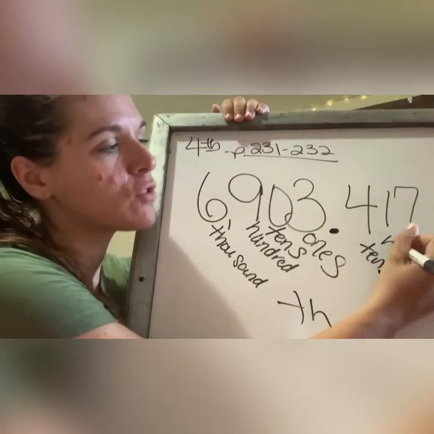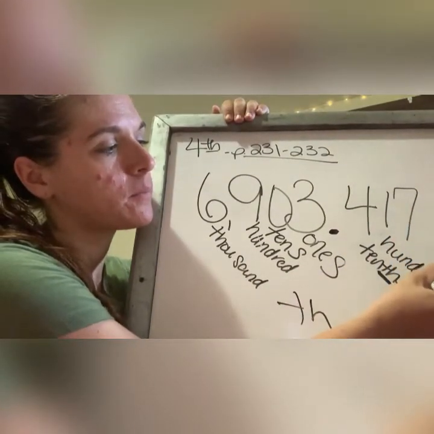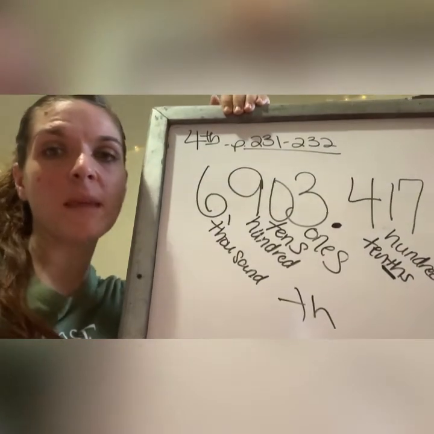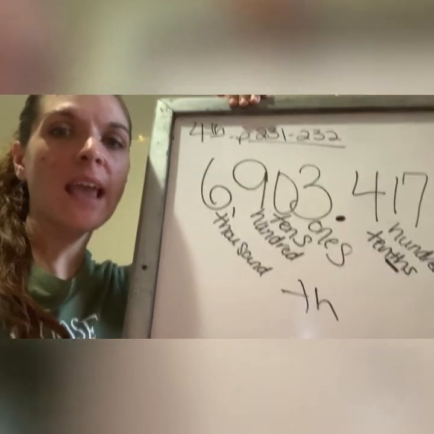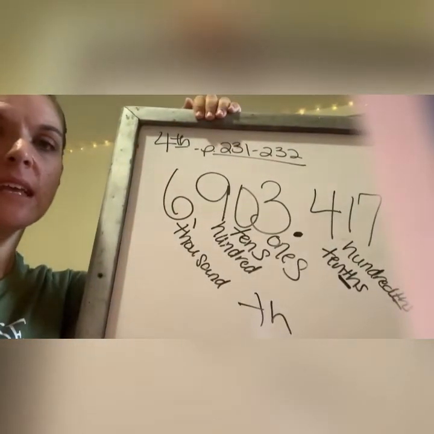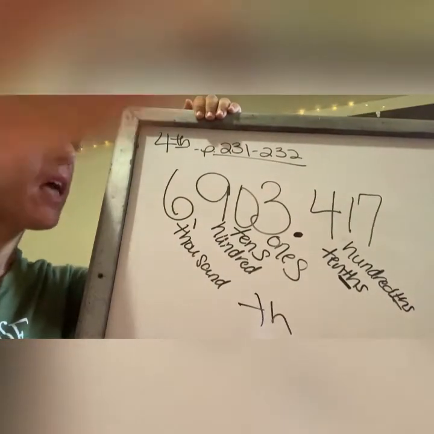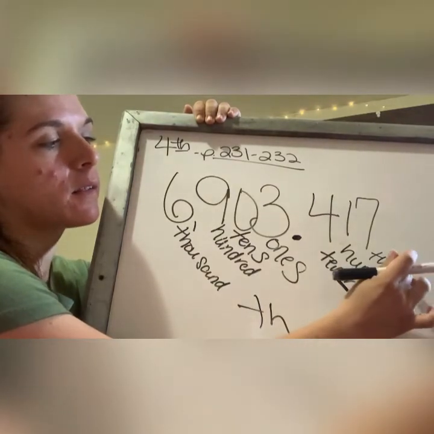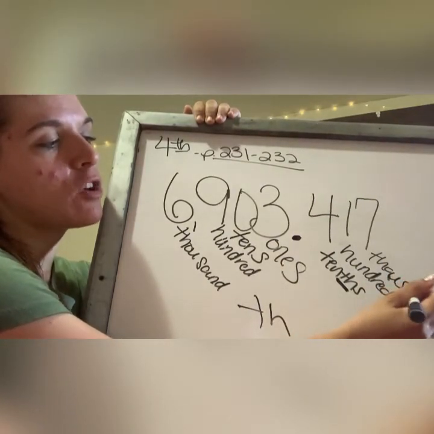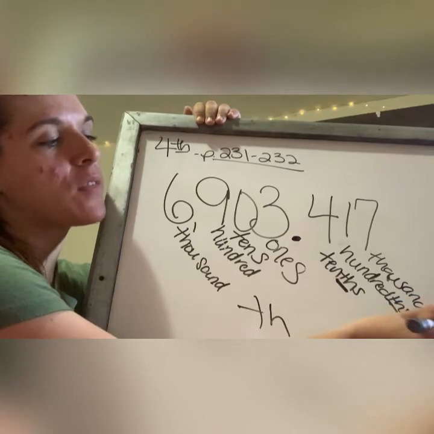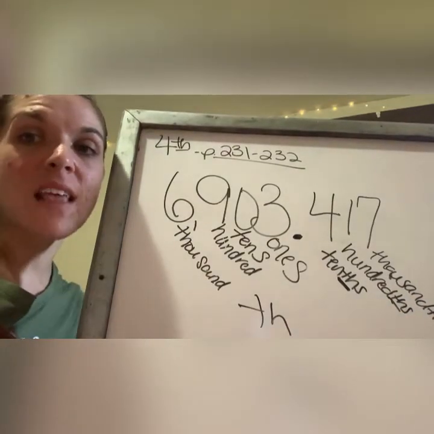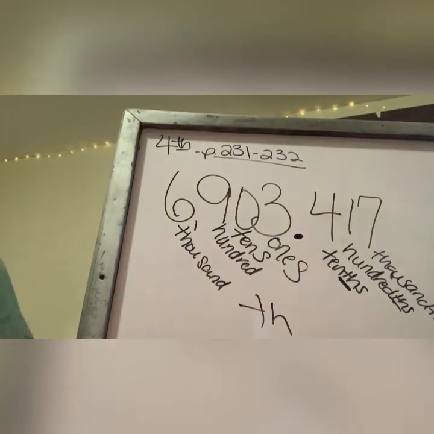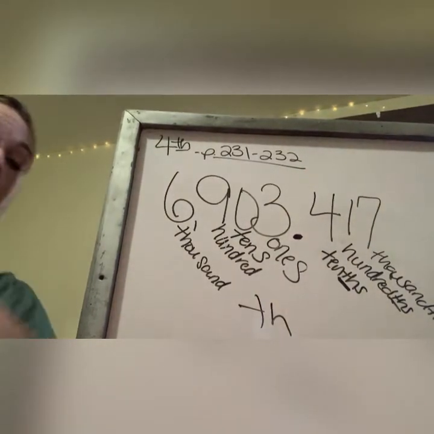The next one's hundredths. Hundredths. Say that with me. Hundredths. Okay? And then the next one is thousandths. And you can see that in your book as well. Thousandths. Okay? Thousandths. Say that with me. Thousandths. Okay, so that is the places of your decimal point.